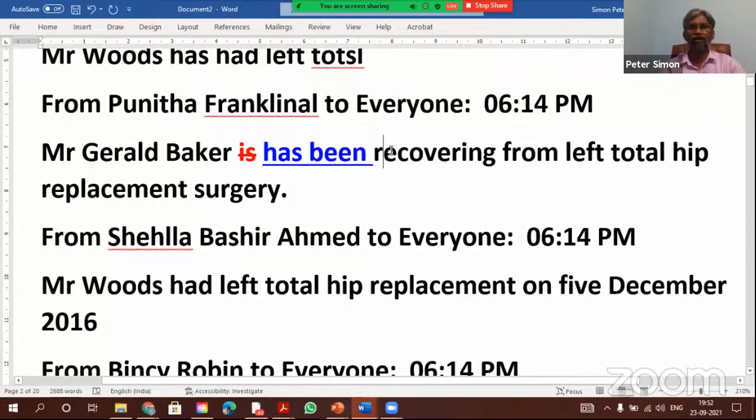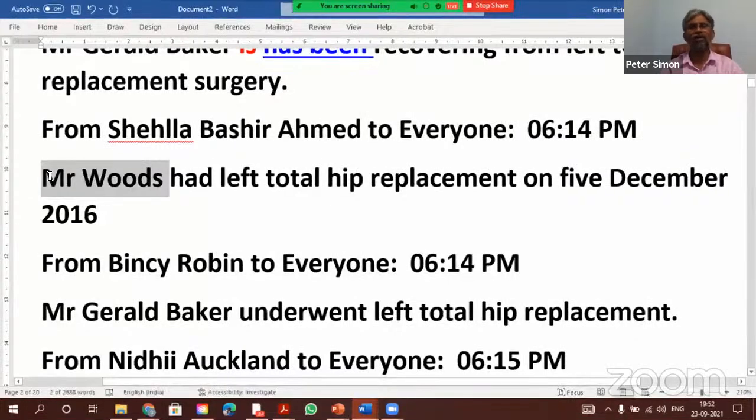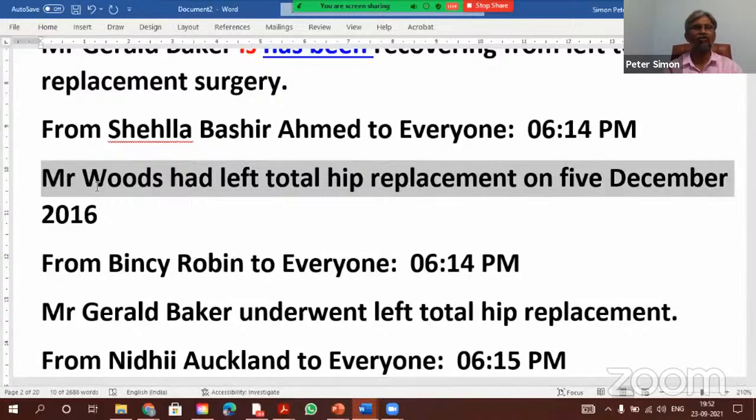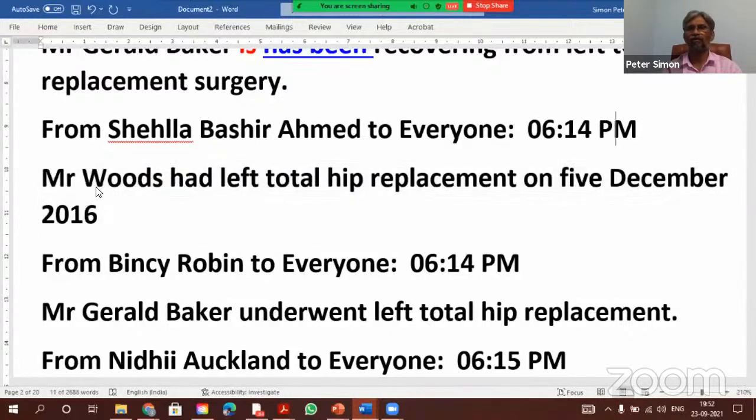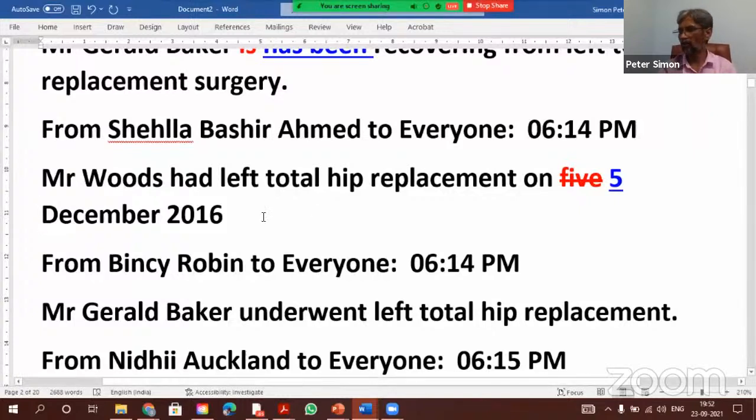Mr. Gerald Baker has been recovering from left total hip replacement surgery. Mr. Woods had left total hip replacement on 5 December 2016. So 5 December, you can say date as just 5. That is better.